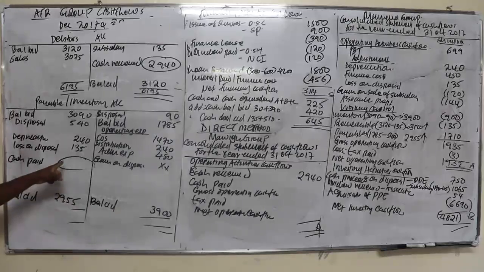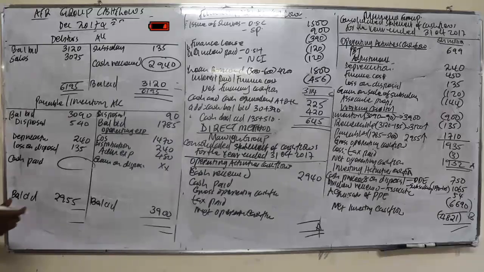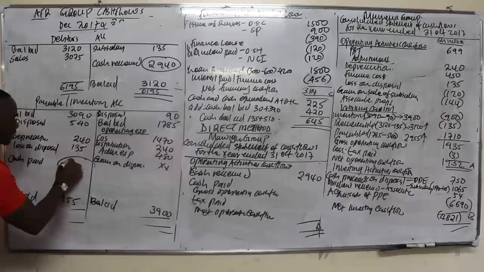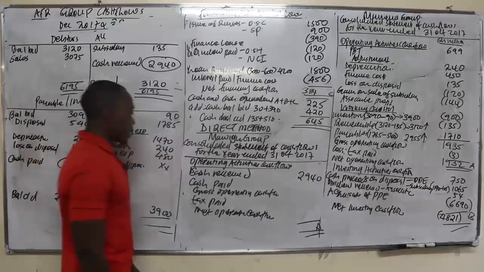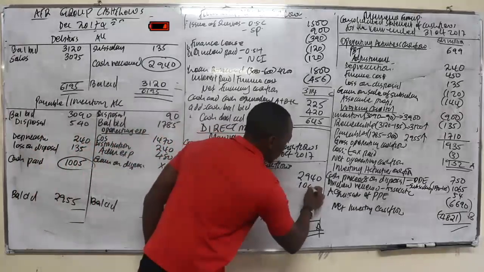Is that the total of the balancing? 10.05. So the cash paid is 10.05.